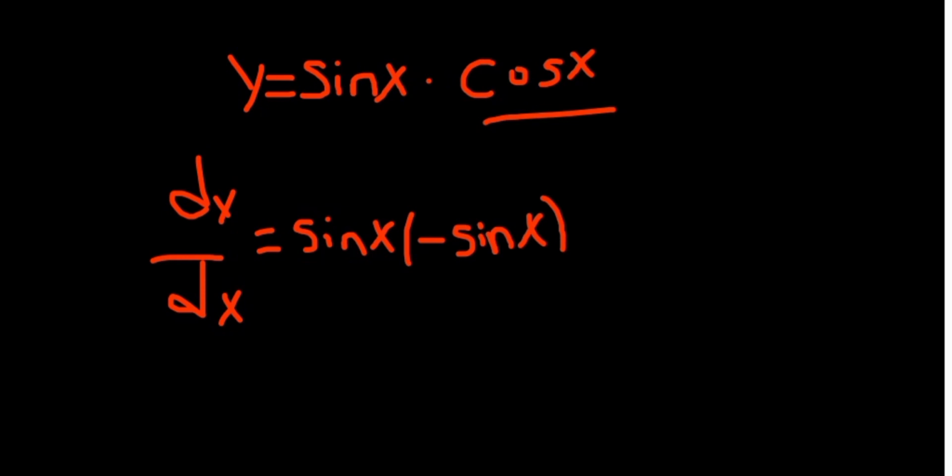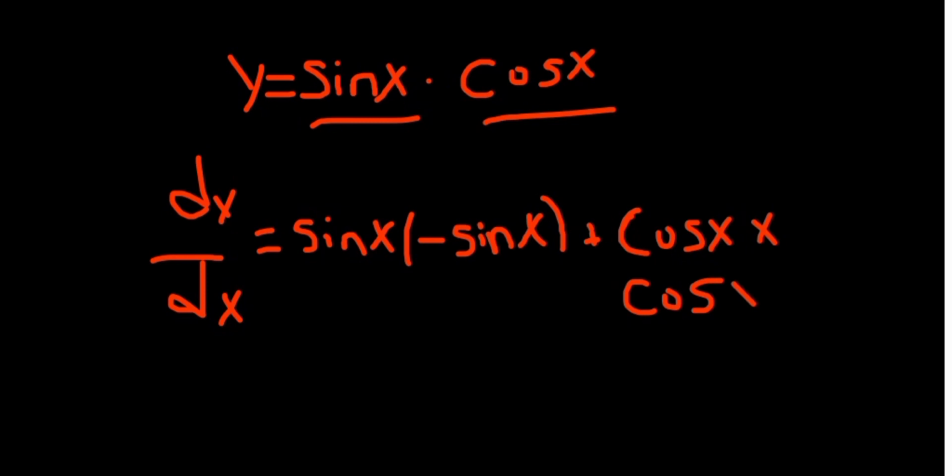So again, you add, and this time around you start with the second part. The second part is cosine of x. Then it should be multiplied by the differential of the first part. The differential of sine of x is cosine x. So cosine x by cosine x is going to be cosine squared x.